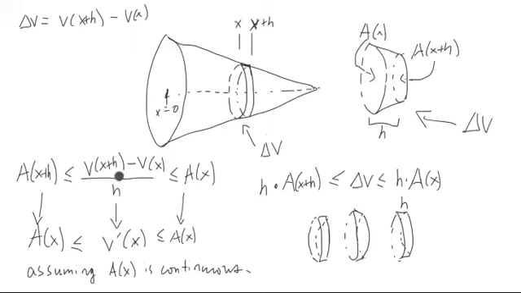And as the limit as h goes to 0, I get this sandwich, which means that the derivative of the volume is nothing more than the area itself of this cross section as I go along here. So as I increase my volume going this way, the derivative is precisely the measure of the forefront of the growth.